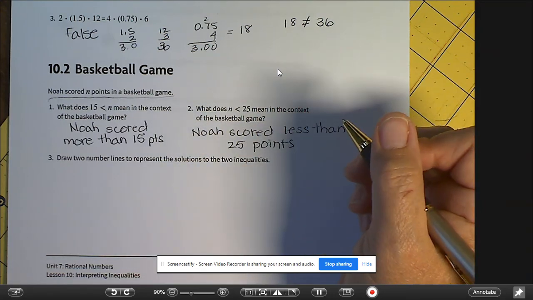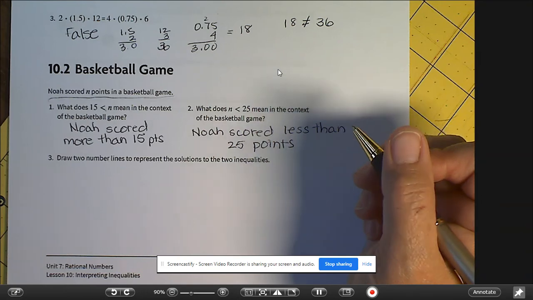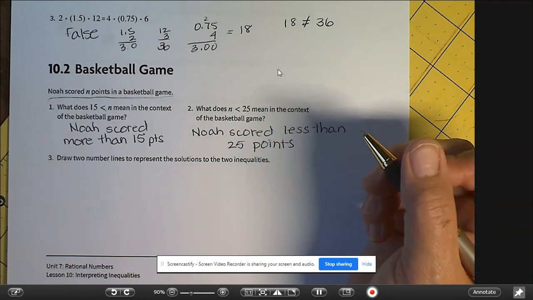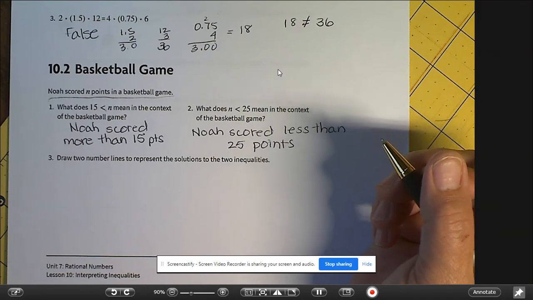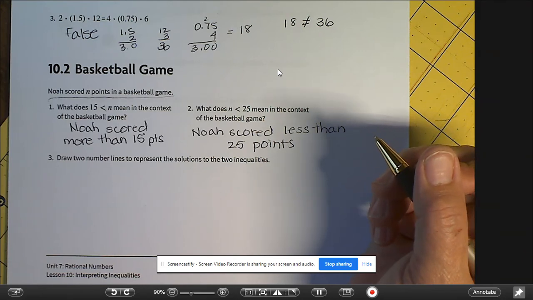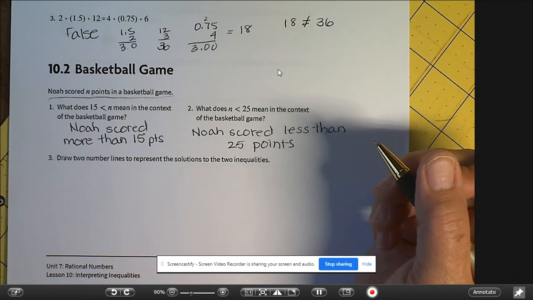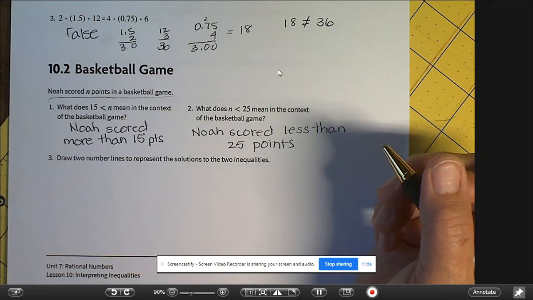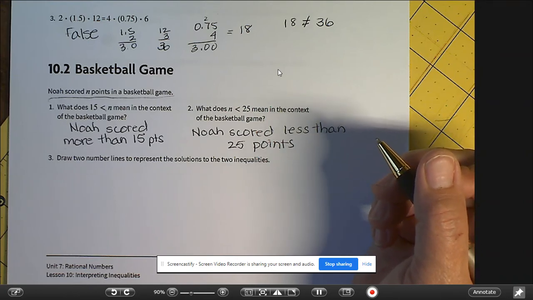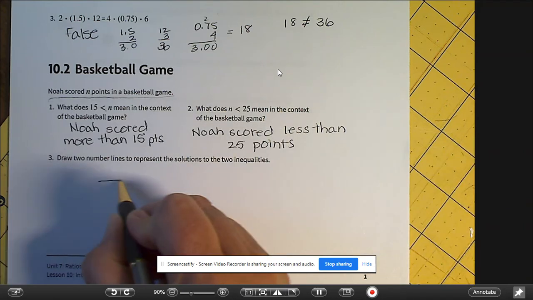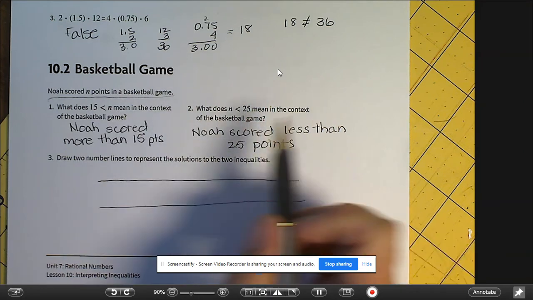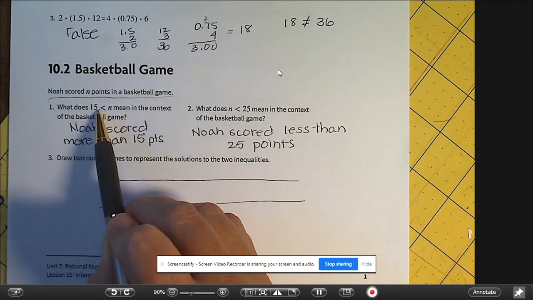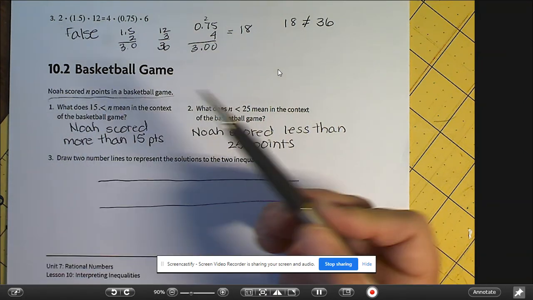And then it says draw 2 number lines that represent the solutions to the 2 inequalities. So let's do 2 number lines. The first one, so when they do this, 15 is less than n, I always say do the variable.